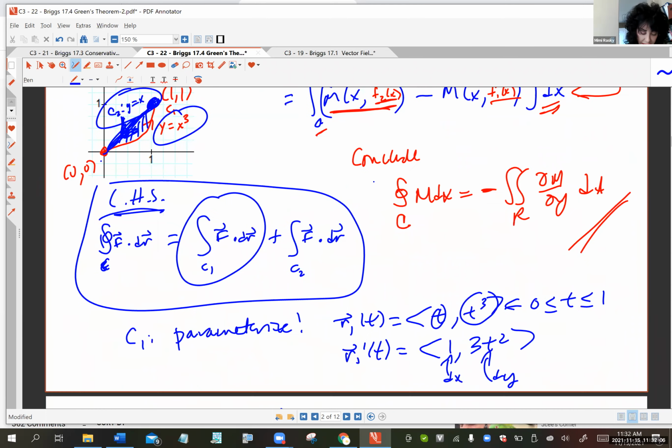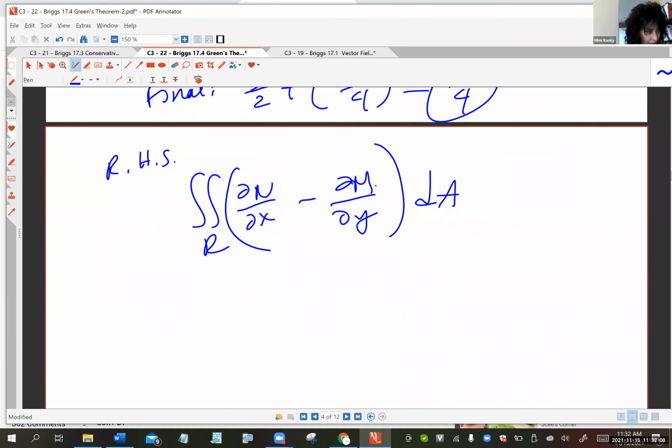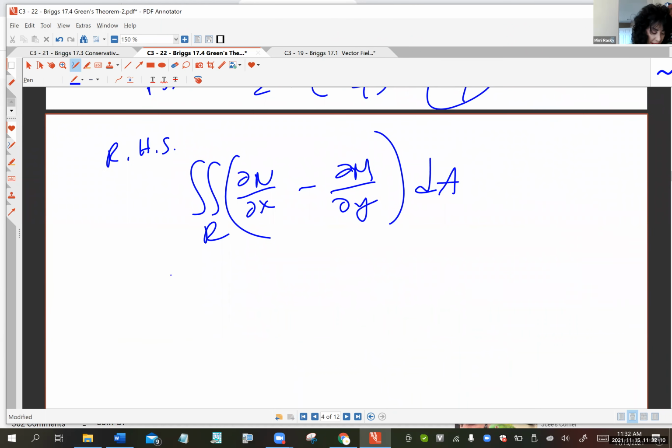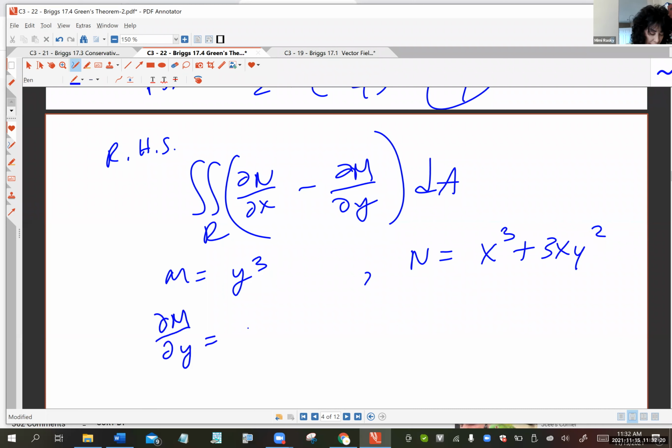Let me write that down, otherwise I'm going to forget it. M is y cubed and N is x cubed plus 3xy squared. So what would dM/dy equal? It would be 3y squared, and dN/dx would be 3x squared plus 3y squared. Okay, fine.